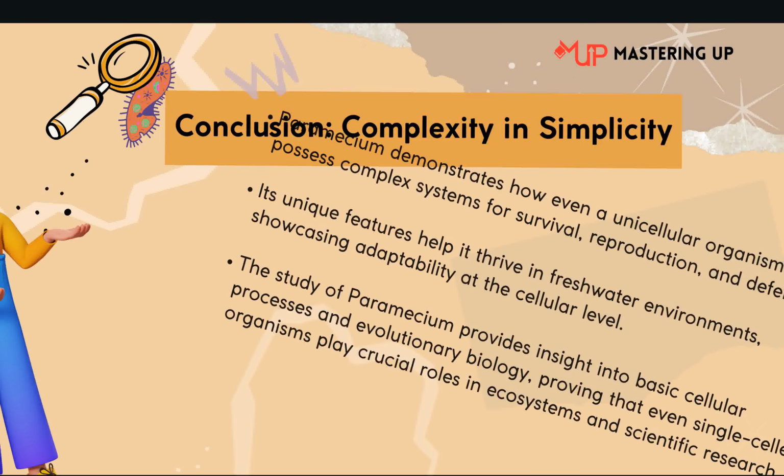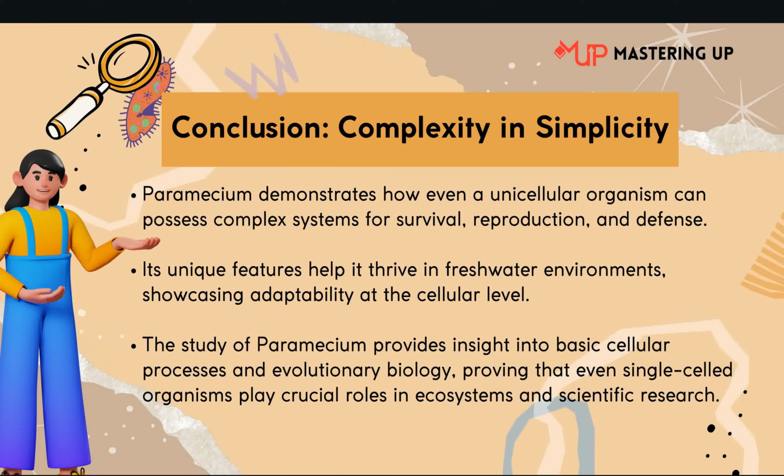Coming to the conclusion, paramecia are a great example of complexity in simplicity. Paramecium demonstrates how even a unicellular organism can possess complex systems for survival, reproduction, and defense.